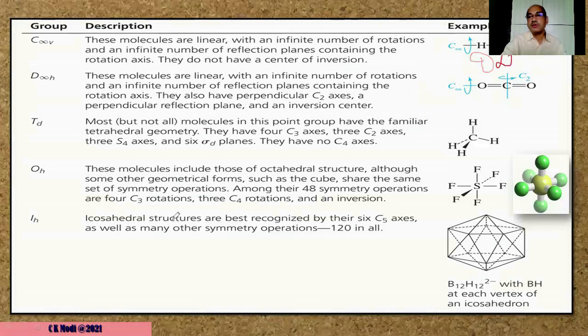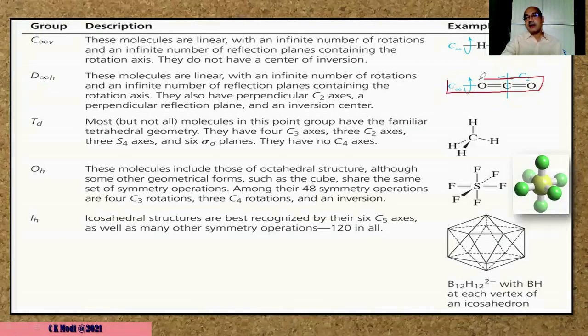Therefore, it is called D infinite. Keep in mind that because the principal axis is C infinite, a number of symmetry elements are present. So C infinite plus these 2C2 is called D infinite.